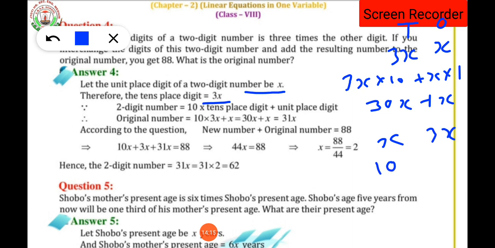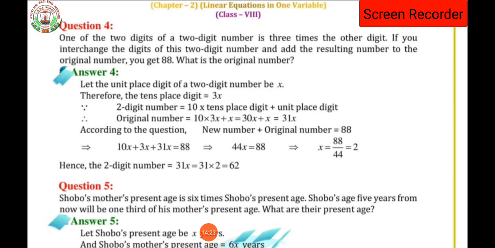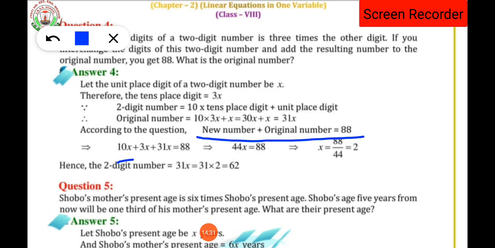So here it will be 10x plus 3 into 1, which is 3x. So it will become like this. Clear everyone? After solving that part, we will get, according to the question, this is the expanded form only. So 10x plus 3x plus 31x.